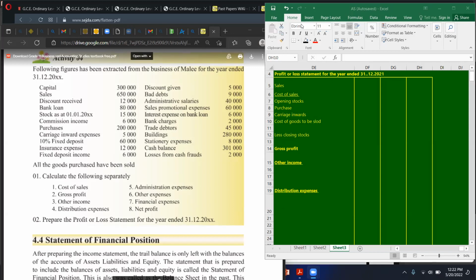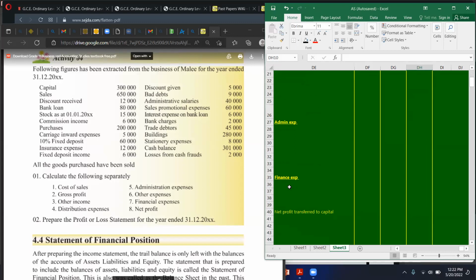Still drawing? Structure: sales, cost of sales, leave some space, closing stocks, gross profit, other income, distribution expenses, admin expenses, finance expenses, net transfer. Okay? Or do you still need more time?